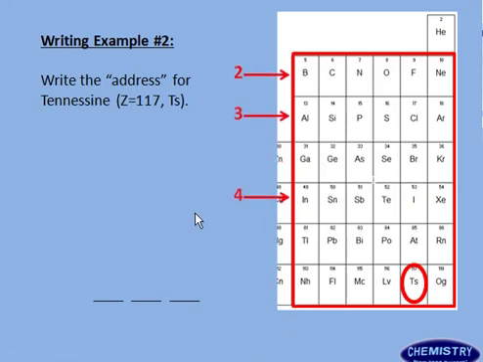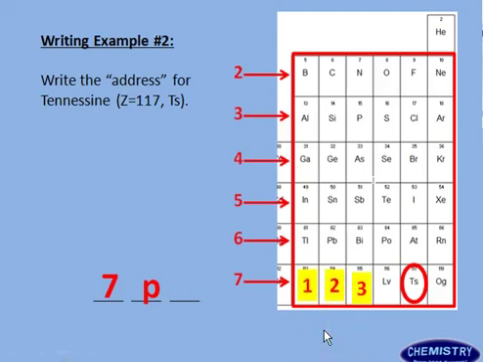So 2, 3, 4, 5, 6, 7. So the principal energy level number for tennessine is 7. We've already mentioned that this is the P block, and it is in position number 5 within the P block, principal energy level 7. So its full electron address is 7P5.